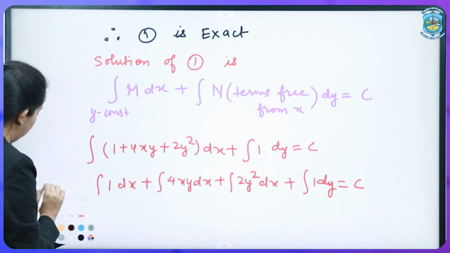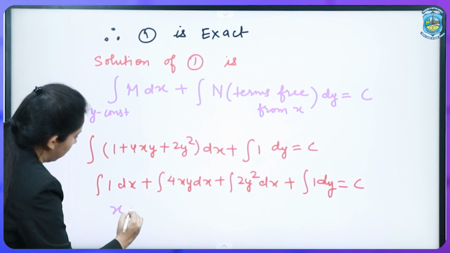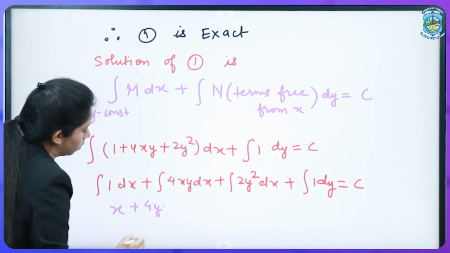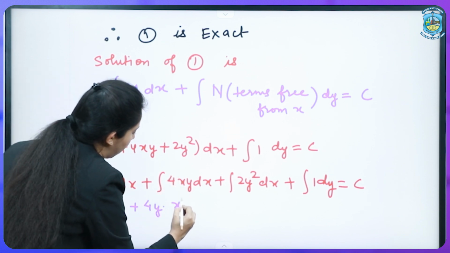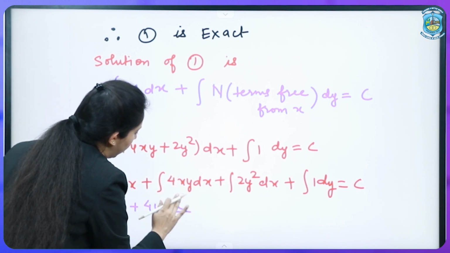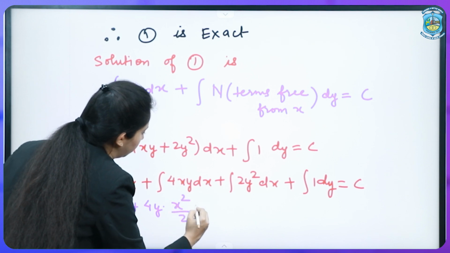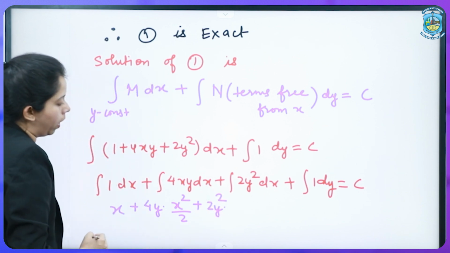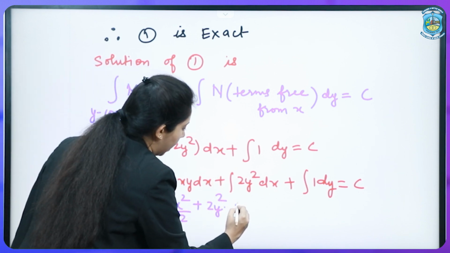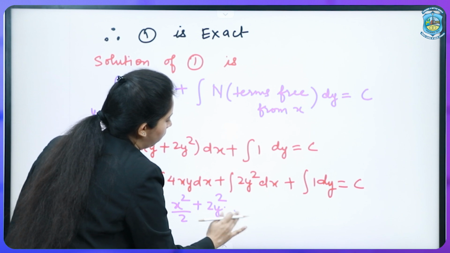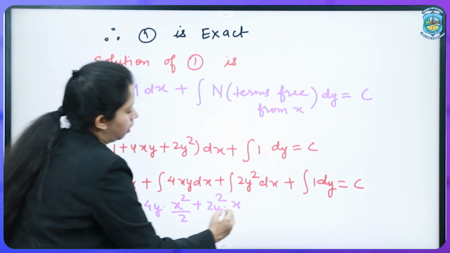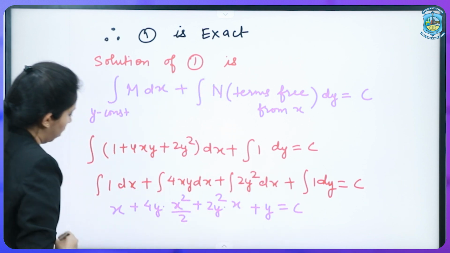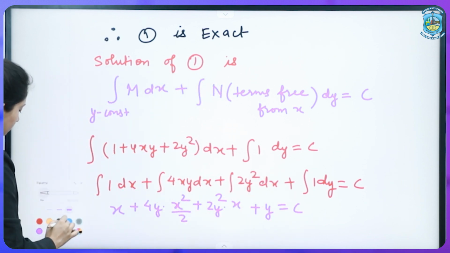So, integration of 1 with respect to x will be x plus, since we are integrating with respect to x, 4y is treated as constant, and integration of x by power rule will be x square by 2 plus, here we are again integrating with respect to x, so 2y square will be treated as constant, and integration of 1 with respect to x will be x plus integration of 1 with respect to y will be y is equal to c.